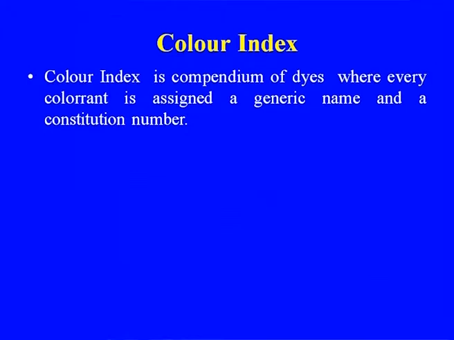Color index is the compendium of dyes where every colorant is assigned a generic name and a constitution number. The European dye industry and the American dye industry have also given the color index figure.